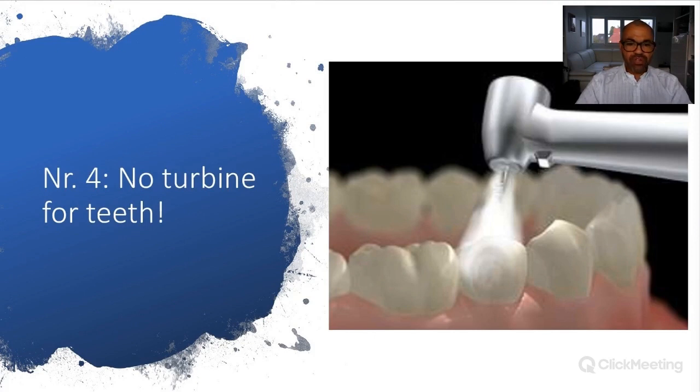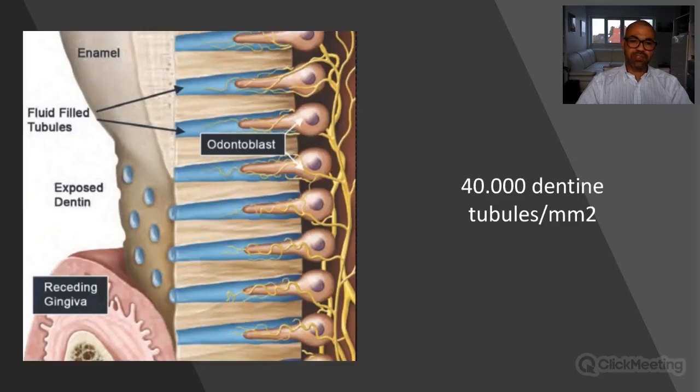Number 4 is I would not recommend using turbines. As we were taught in dental school, the turbine works very ergonomically and is very efficient in ablation and preparation. But we know as well that dentin tubules are present in a very high amount per square millimeter.